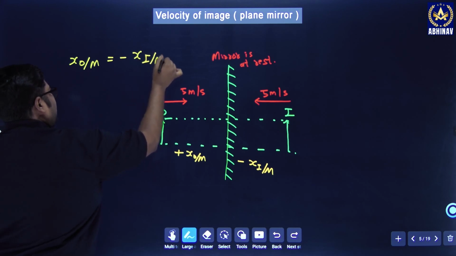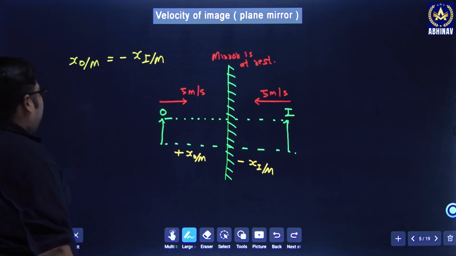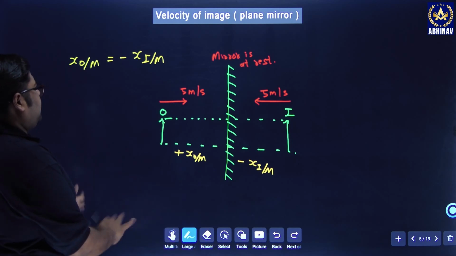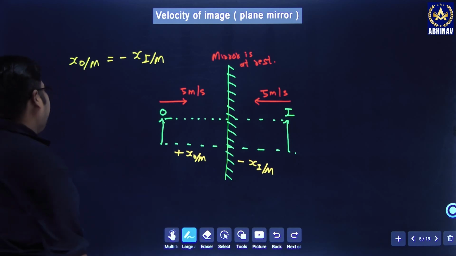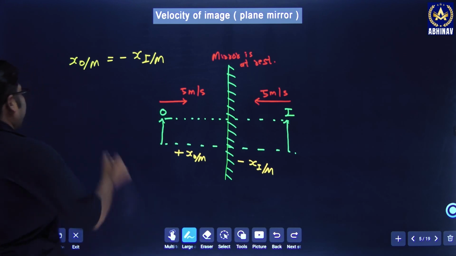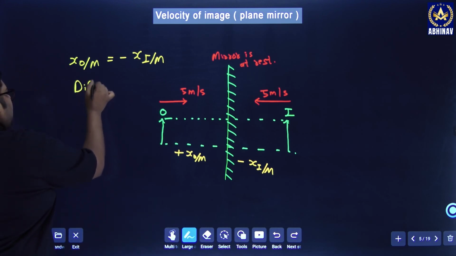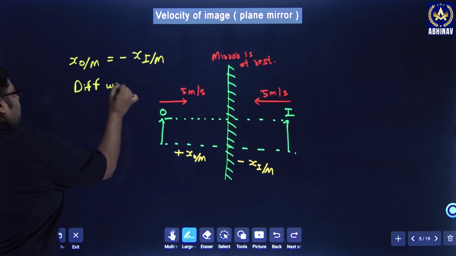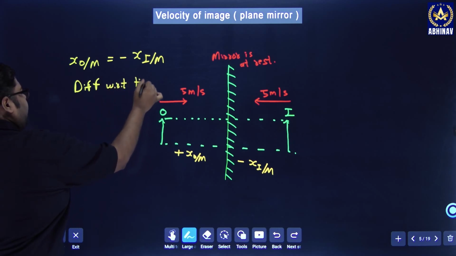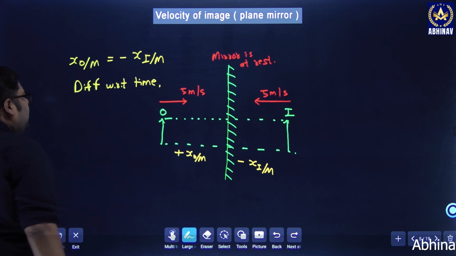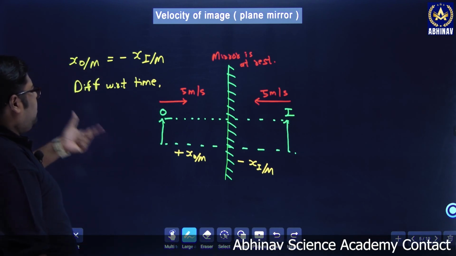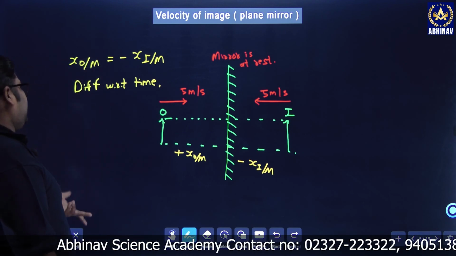with respect to the mirror. Now let us differentiate on both sides with respect to time. Displacement upon time gives us velocity.